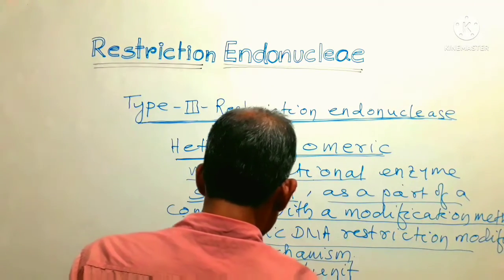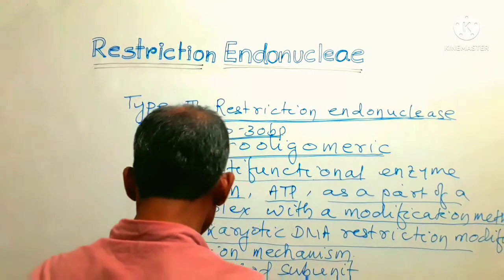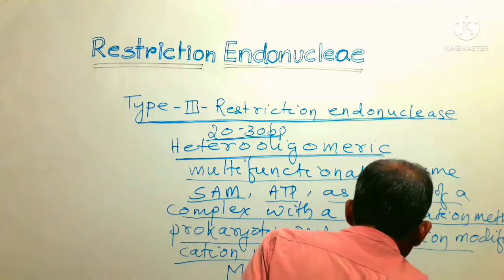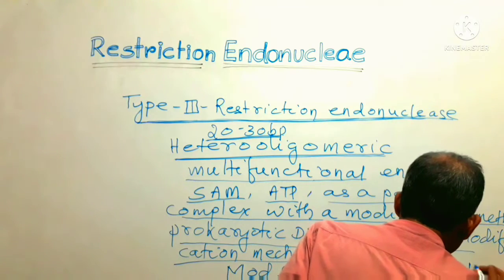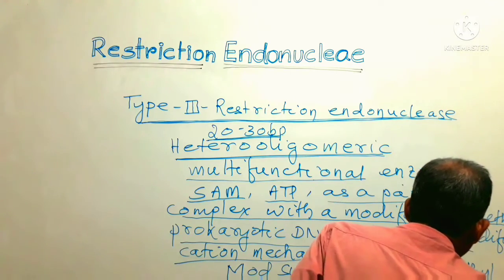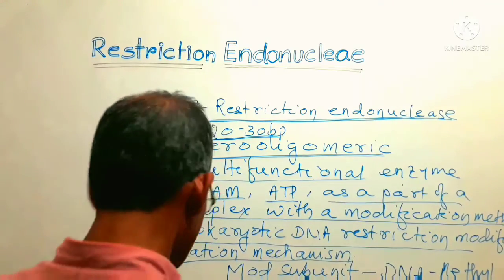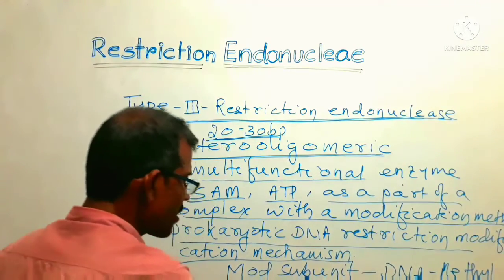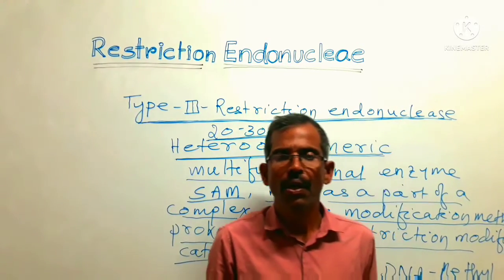One subunit is the Mod subunit, which recognizes DNA sequences, and it is a methyltransferase. The other subunit is the Res subunit. The Res subunit is required for restriction digestion, but it has no enzyme activity on its own.